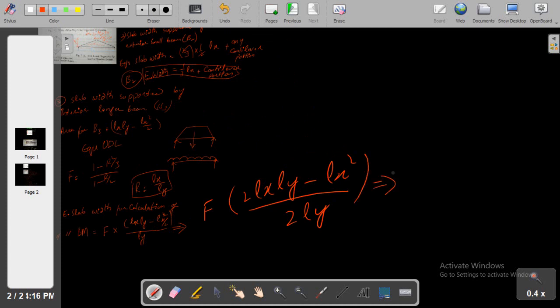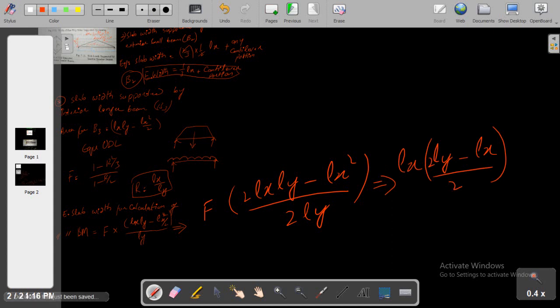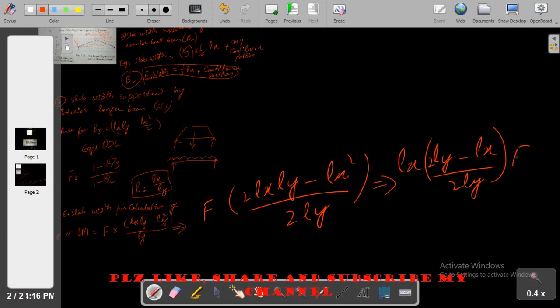Now next, taking Lx common, what we have is 2 Ly minus Lx, and here is my 2 Ly, and here is f.